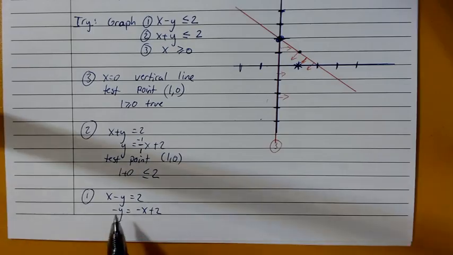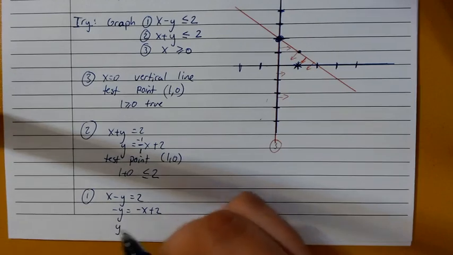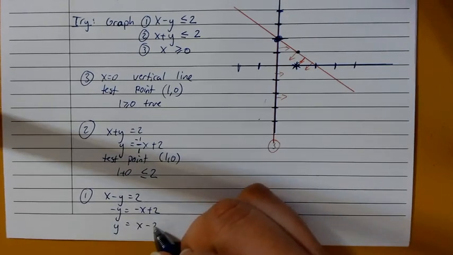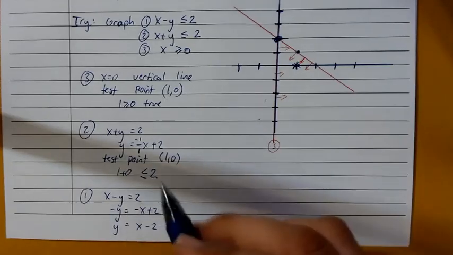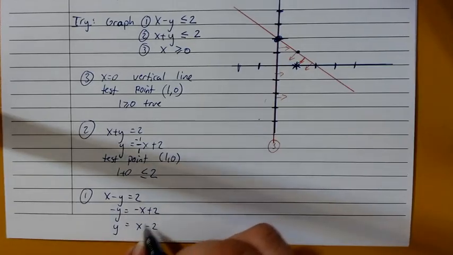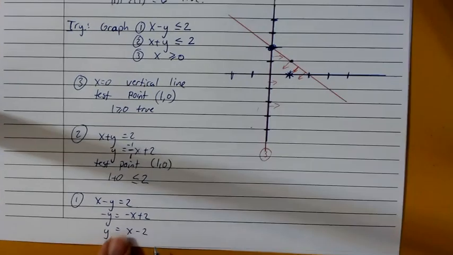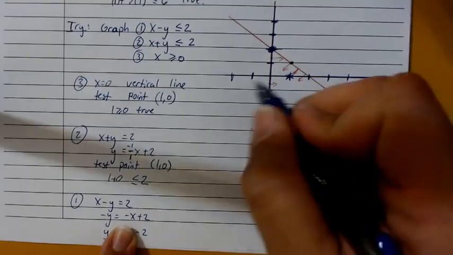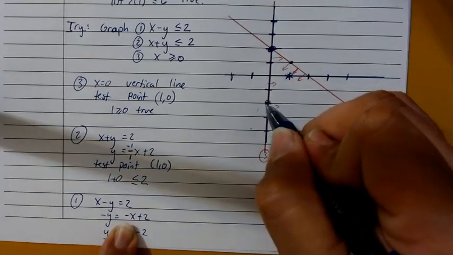And then we can go ahead and divide everything by a negative 1. This changes this to a positive, changes this to a positive, and changes that to a negative. So now we have a y-intercept of 0, negative 2. When x is equal to 0, that goes away, and y is equal to negative 2. So that's my point down here, 0, negative 2.